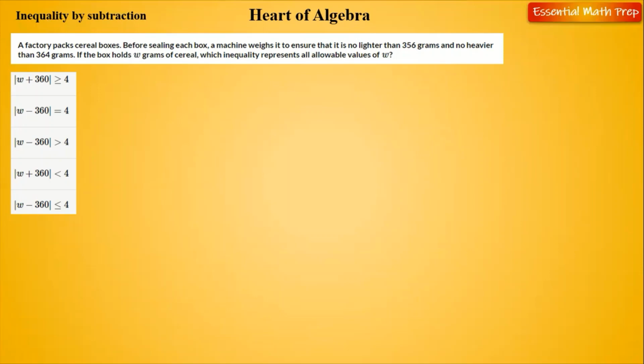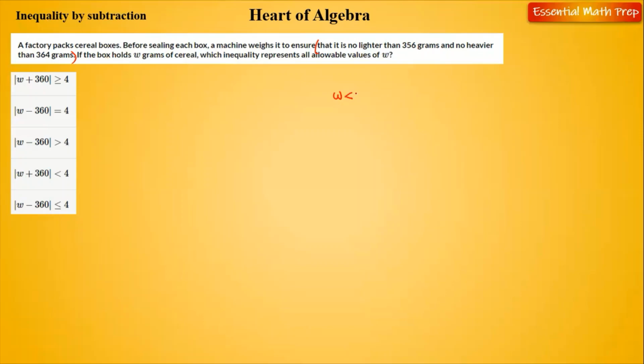The best way to do this sort of problem is to use the answer choices themselves, right? Let's understand this statement right here. It's no lighter than 356 grams, and no heavier than 364 grams. That means W cannot be greater than 364.